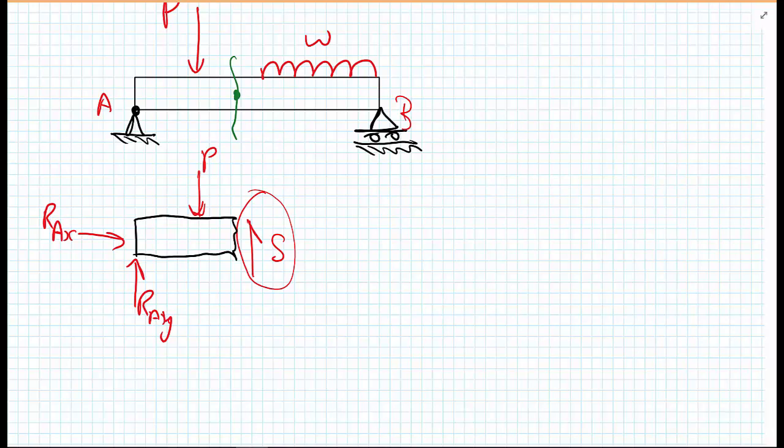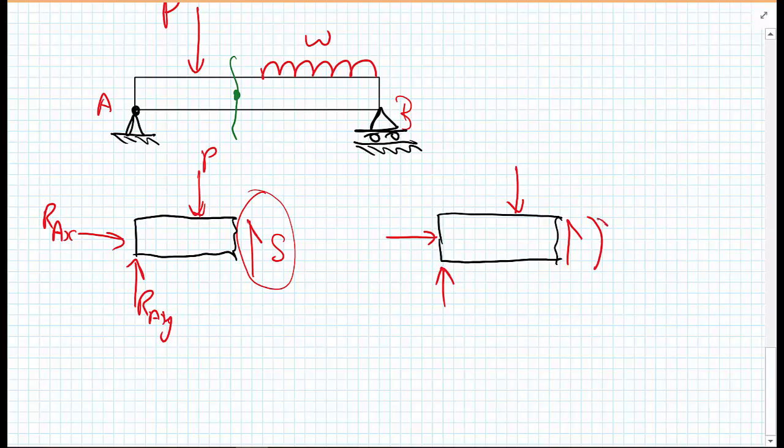And likewise, if we're worried about bending, we'll draw a free body diagram of the entire section. Again, we have the reaction forces on this section, we have the external load, we still have the shear force, and we could also have a moment here. And what we'll do is we'll take moments from the point we're interested in to work out what this moment would need to be to keep the section in equilibrium.